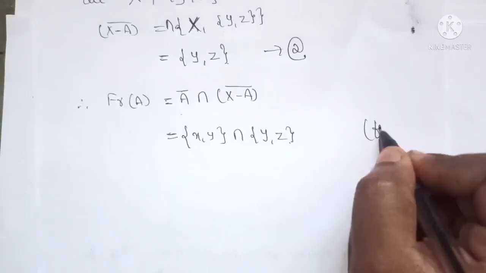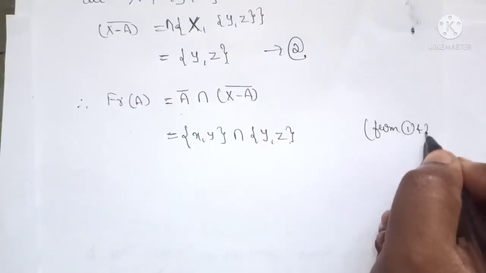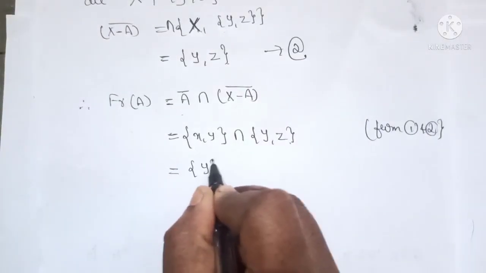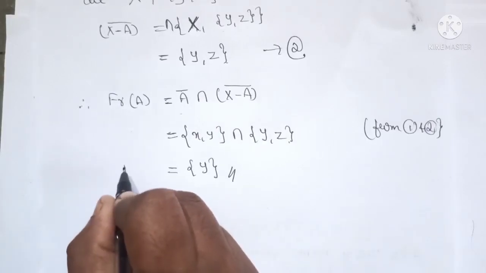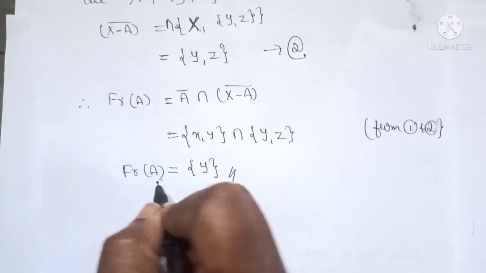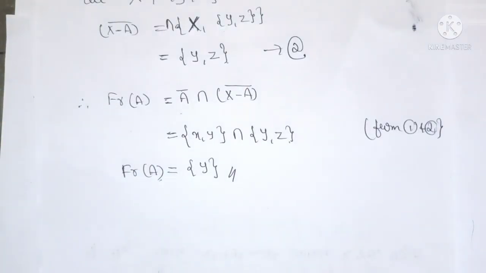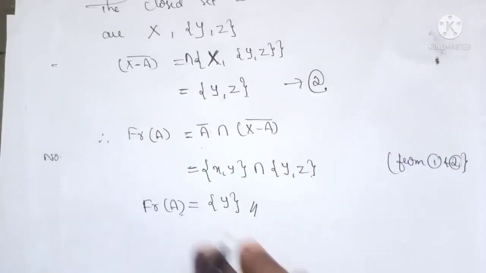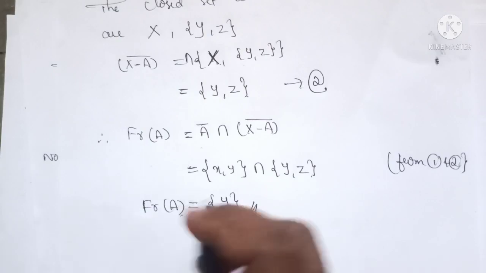So this is from 1 and 2. Therefore their intersection is {y}. So this is the frontier of A. Frontier is a lengthy process because here we need to find A closure and X minus A closure, then we take the intersection of these.